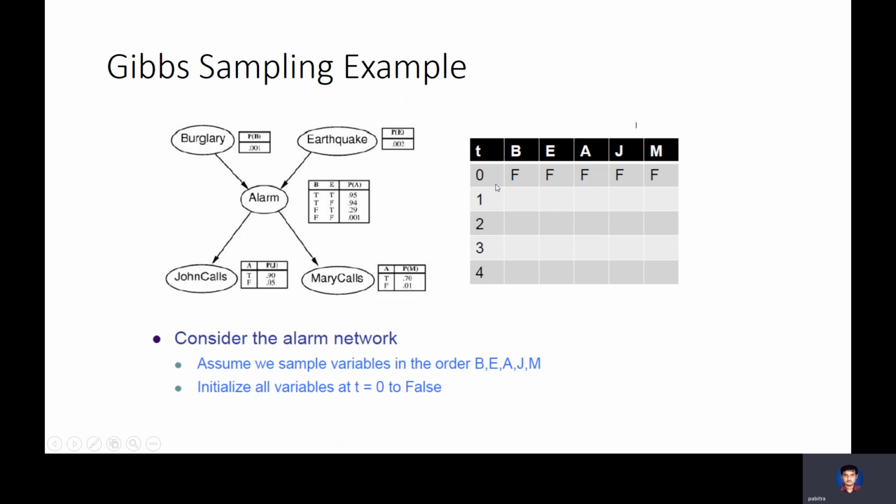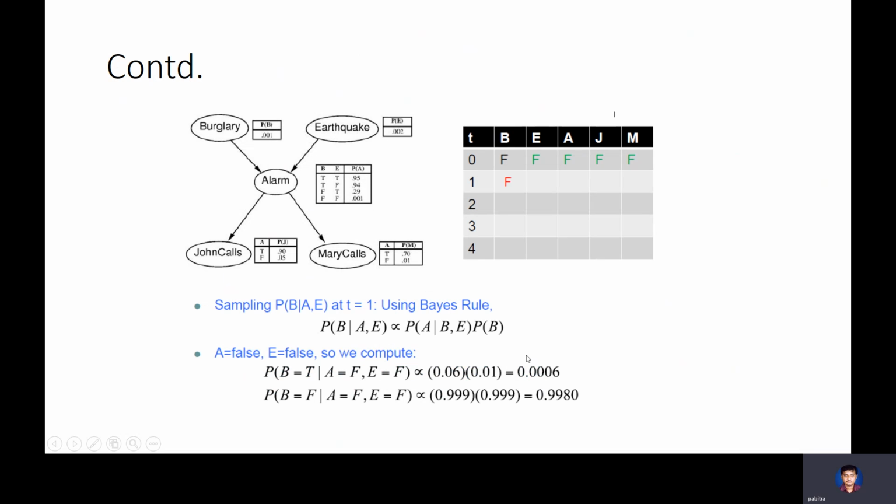So initially, let's say at iteration 0 of the Gibbs sampling, let's initialize all of them to false, binary false. Now, if I am sampling B given A and E, then P(B given A and E) is proportional to P(A given B and E) times P(B). You put these values here and compute these quantities, because you already have these values.